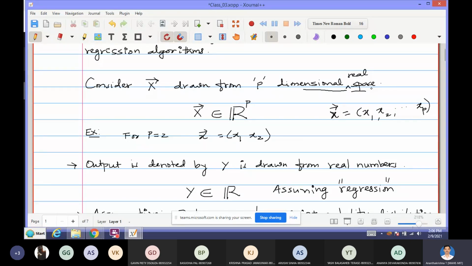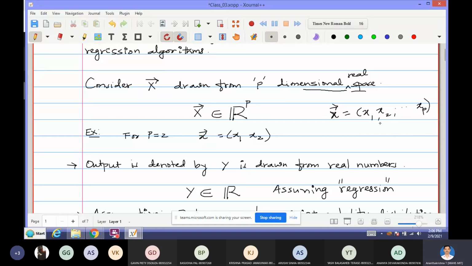So if you want to represent it, say vector x that has p values in it, x1, x2, and so on, xp, right? What exactly x1, x2, etc. represent is we call it as features, correct?